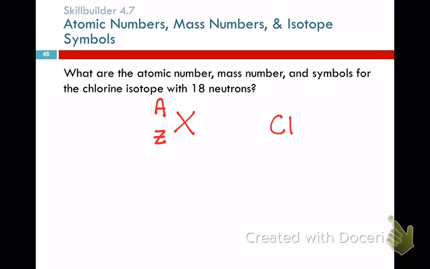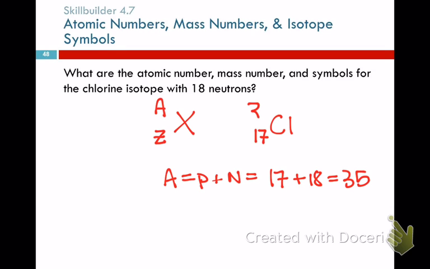Somebody said it. That goes here. What's A? It's 17 plus 18. A is protons plus neutrons. That's 35. That goes up here, like that.